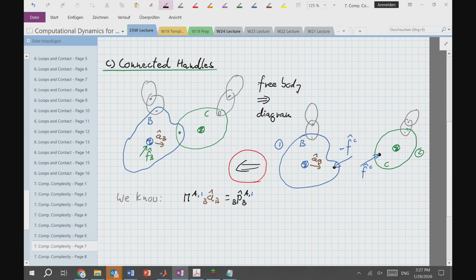bias force, plus the force F here, and then we also have to account for this guy here. The idea is basically, if I think of this as a handle, in the past we basically said there's just the green force acting on this.